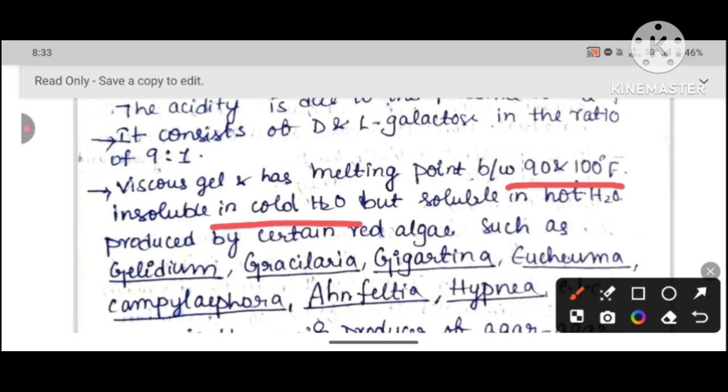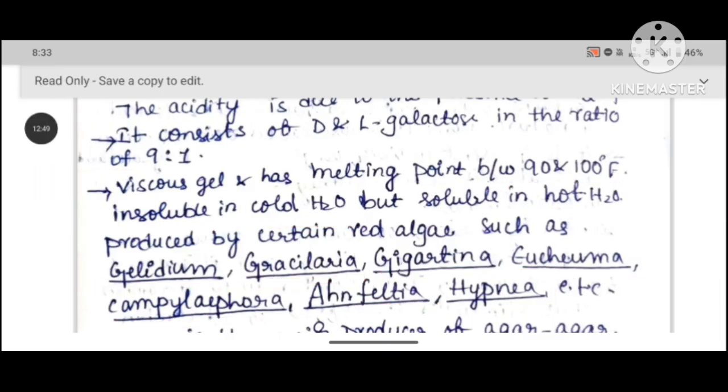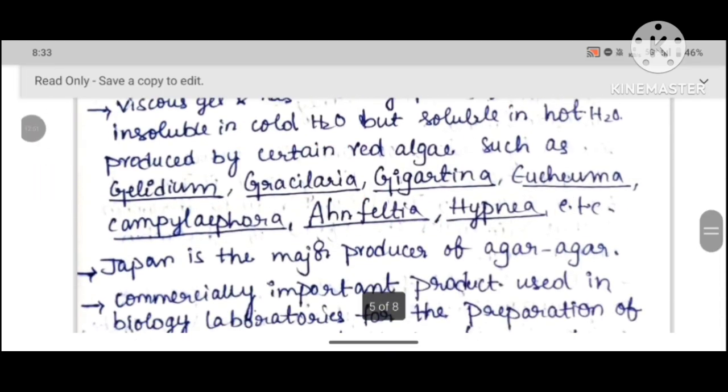It is insoluble in cold water but soluble in hot water. It is produced by certain red algae such as Gelidium, Gracilaria, Gigartina, Eucheuma, Campylaephora, Ahnfeltia and Hypnea. These are some species of algae which produce agar agar.